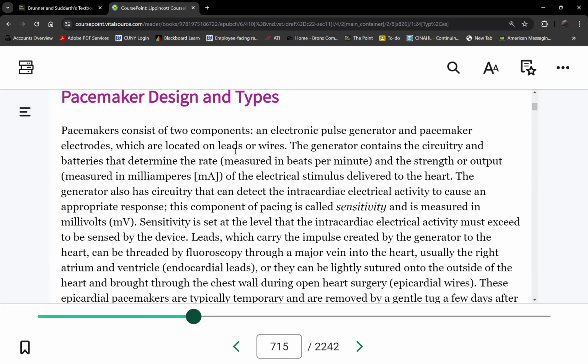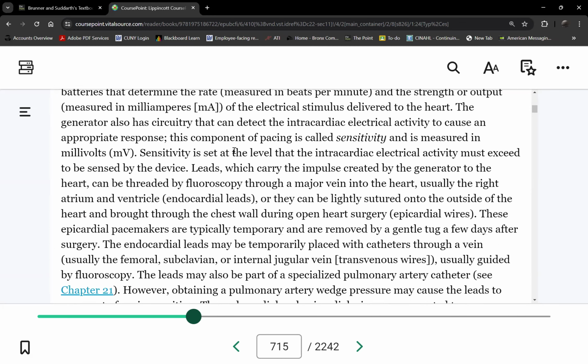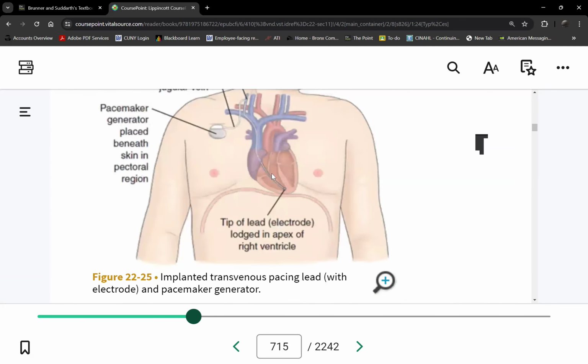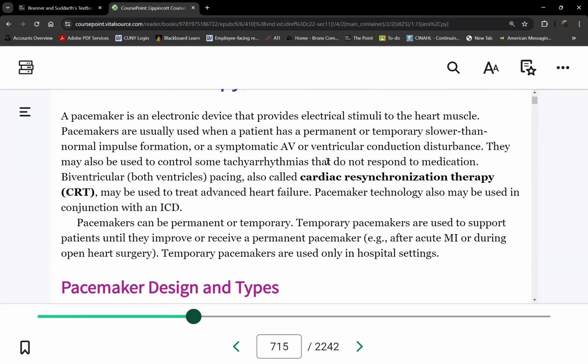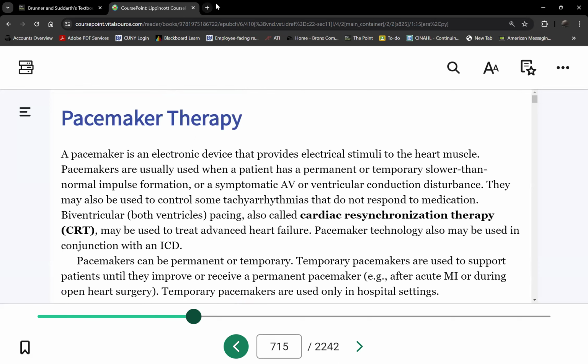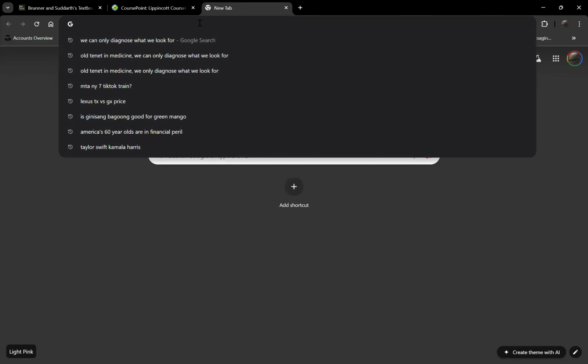If it's pacing the atria, what will you see on the rhythm? Do you see P waves? Which fires the impulse, the pacemaker or the SA node? The pacemaker.